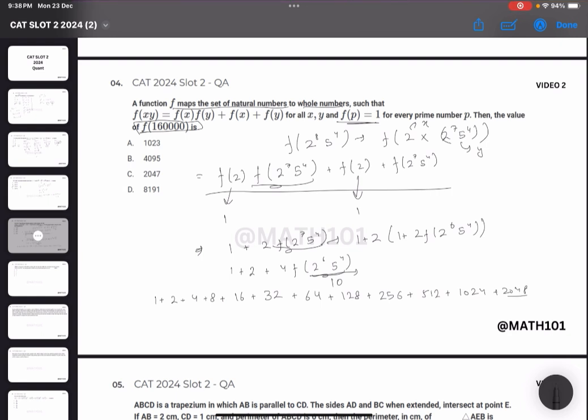Here what we will be left with is f of some prime. So the sum of these would be the sum of powers of 2 up to 2 to the power of n, which is 2 to the power of n plus 1 minus 1. So this would be 4096 minus 1 is 4095. So answer is B.